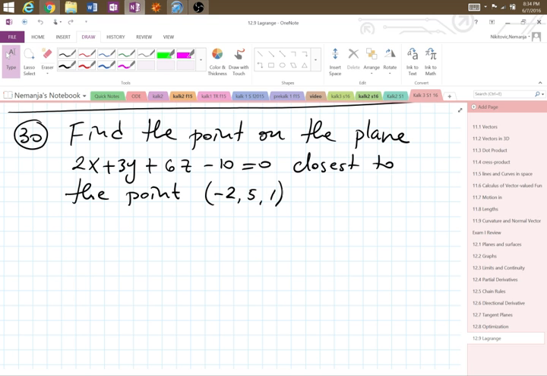Would it be where the yellow paper is? No, because there's a much shorter distance between this point and the wall. There's a point here that is the closest one.